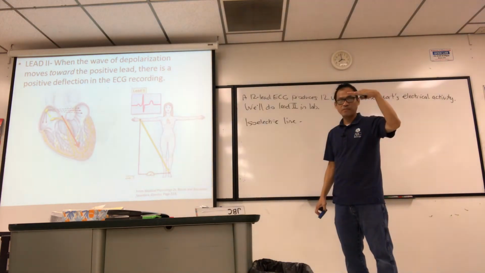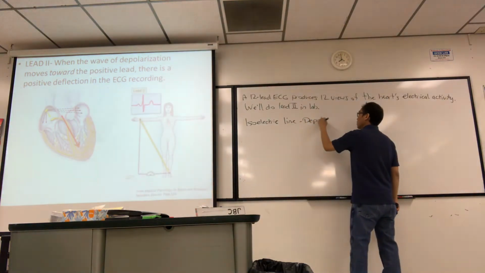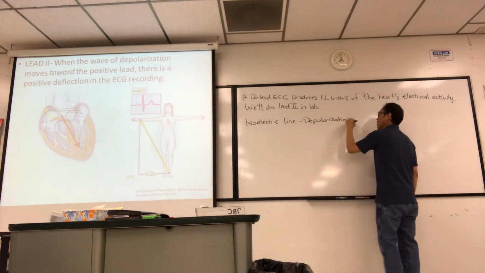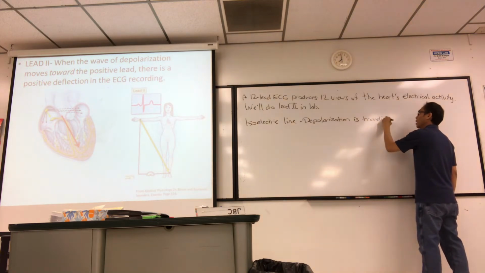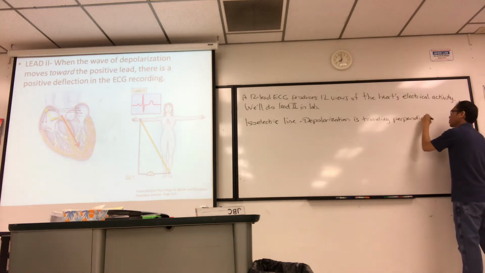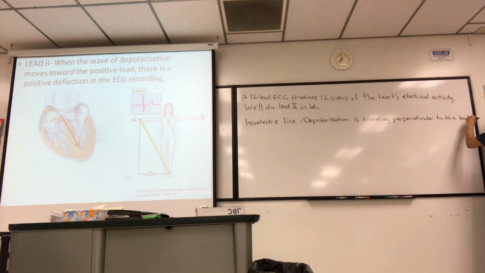So it just registers as flat, you don't see it. Doesn't mean anything's happening. It's not the absence of activity. It's just the depolarization is traveling perpendicular to your lead.